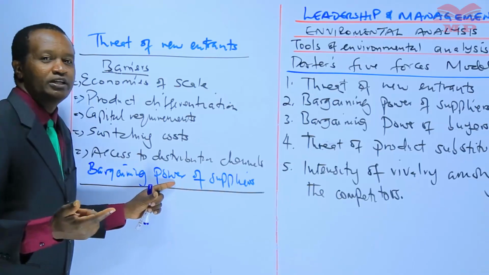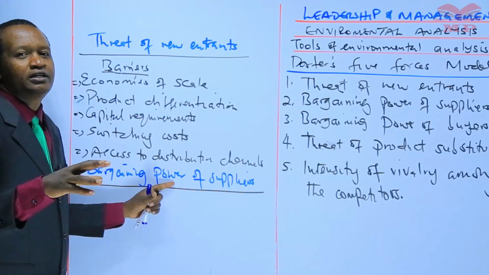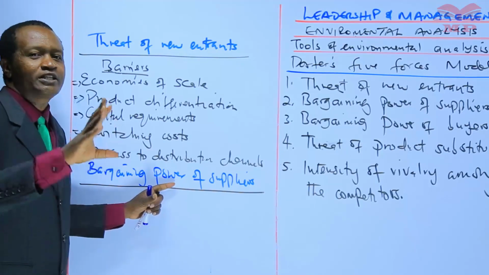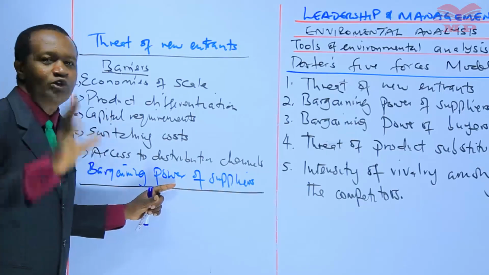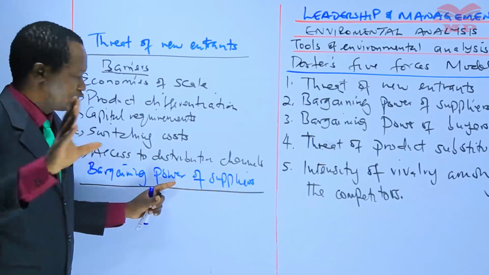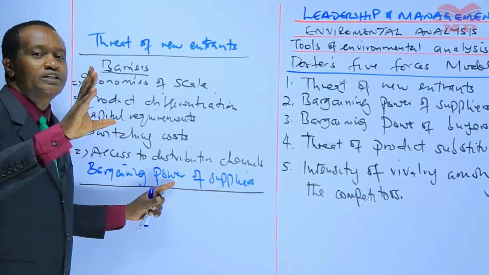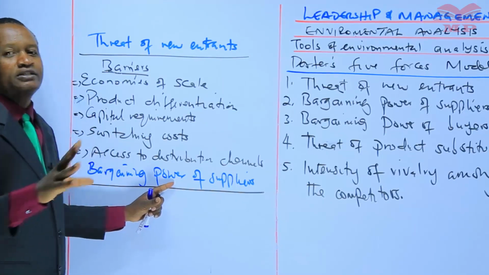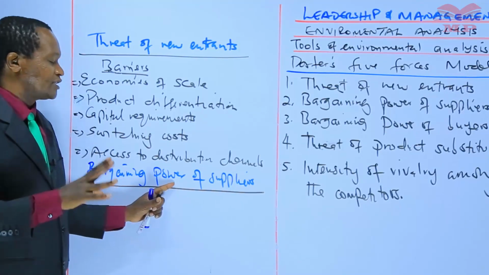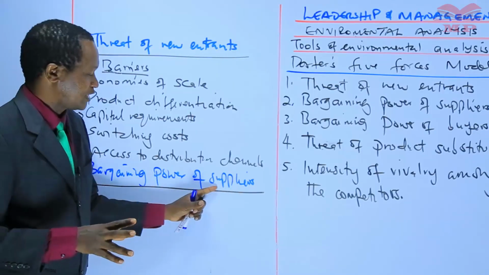Another condition is where satisfactory substitutes are not available to industry firms, where there are no substitute products. But where there are substitute products, then suppliers cannot have any power.